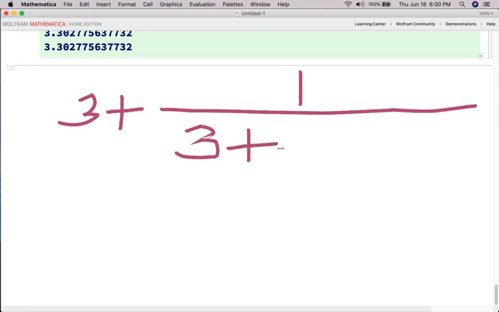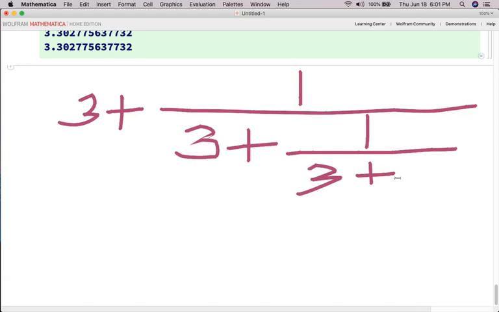I could write this a lot faster with chalk or a marker, but just bear with me, please. And then we have 1 divided by 3, okay, plus, you get the idea, and it just keeps going on and on.